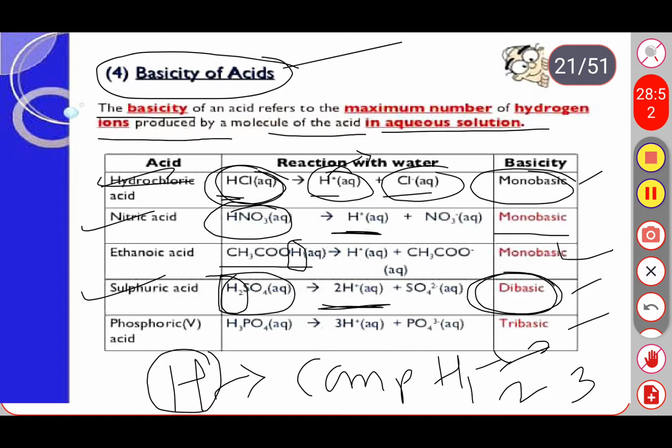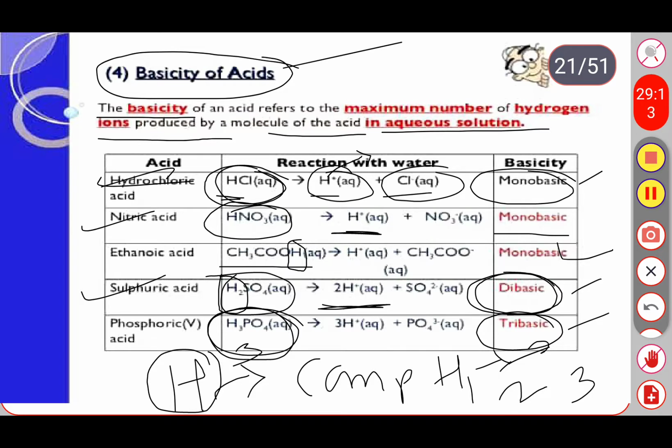And the last one is phosphoric acid, H3PO4. How many hydrogen atoms are present in phosphoric acid? Three hydrogen atoms. If three hydrogen atoms are present in the acidic compound, we call it a tribasic acid.